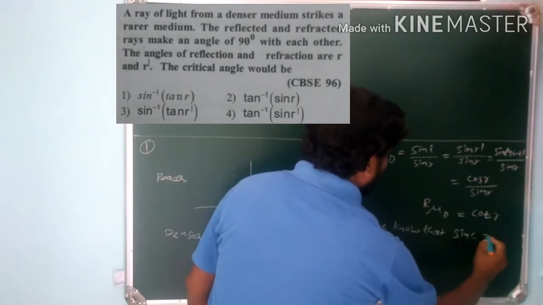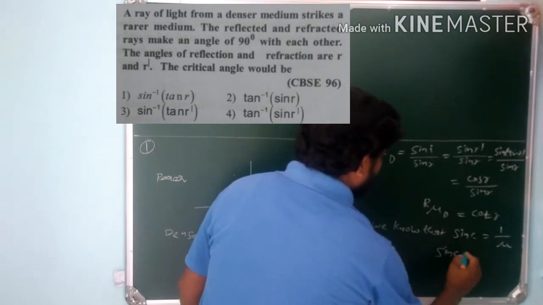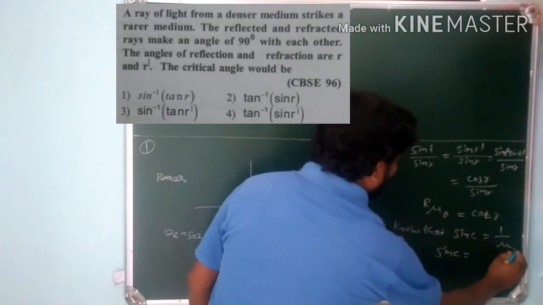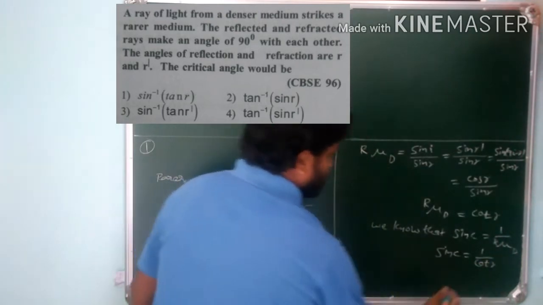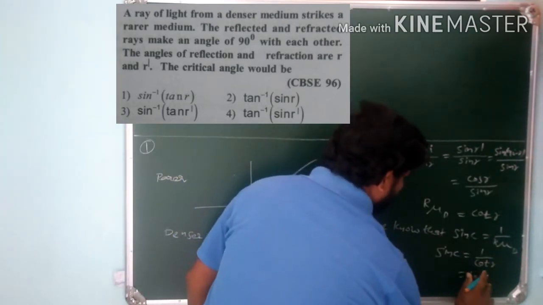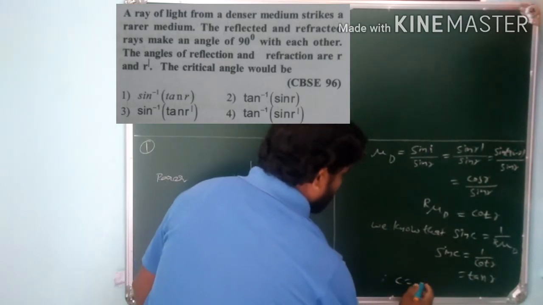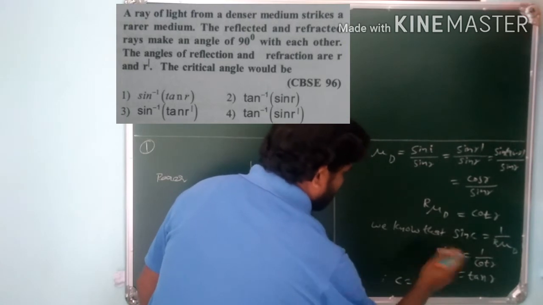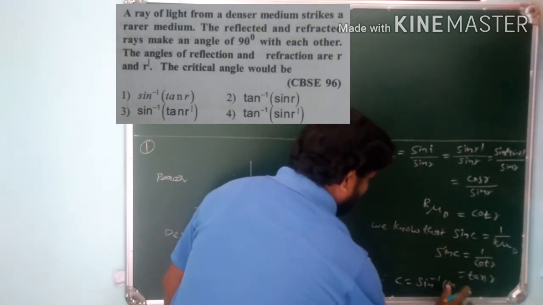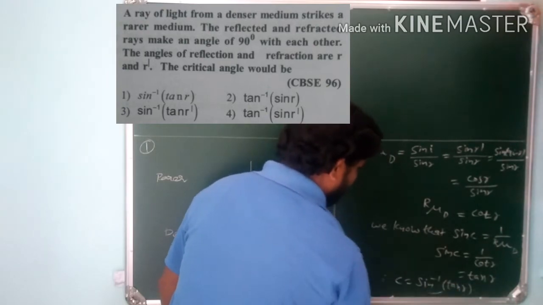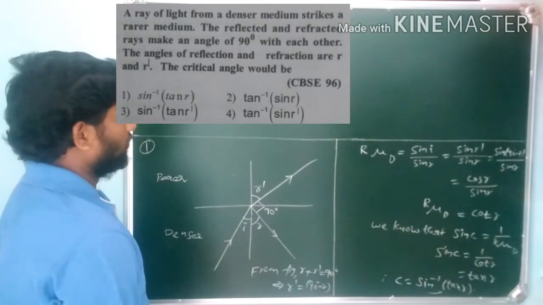Sin c equals how much? 1 by mu, and mu here is cot R, so it is 1 by cot R. 1 by cot means tan R. Therefore, sin c is equal to tan R, so bringing sin to the right hand side, c is sin inverse of tan R. Therefore, the option is the first option, that is, sin inverse of tan R.